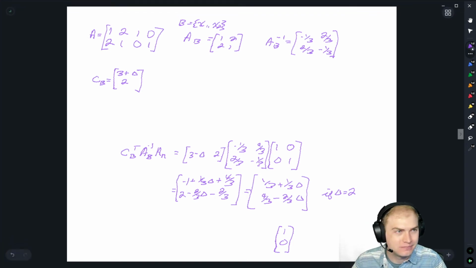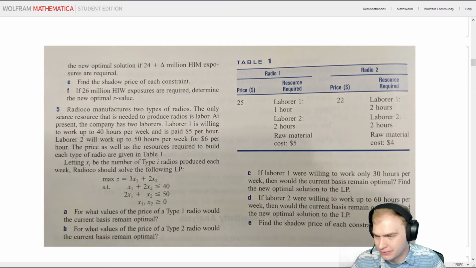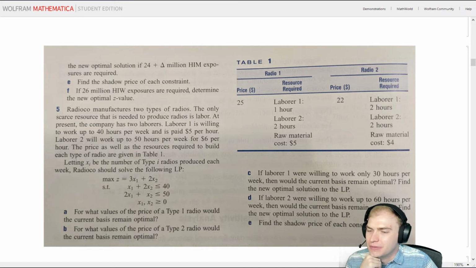Great. So we did that. We answered A. We could answer B in precisely the same way. We would just add the delta or subtract the delta from the second coefficient.